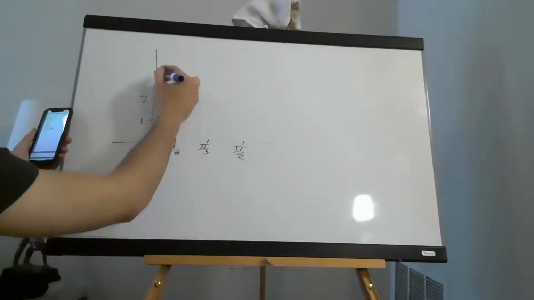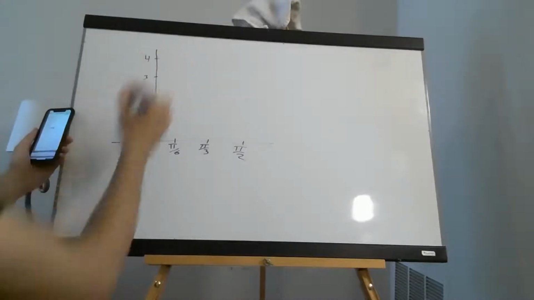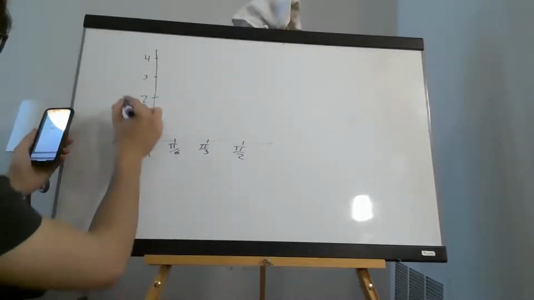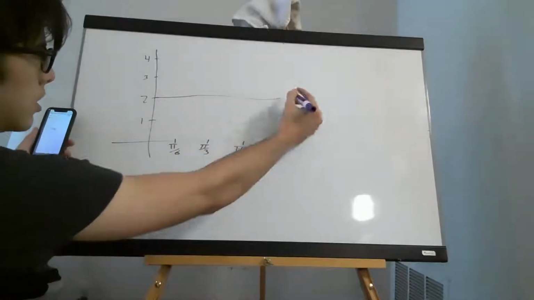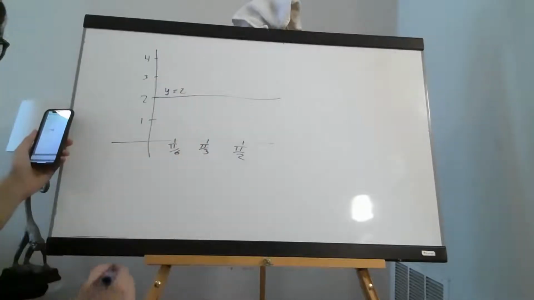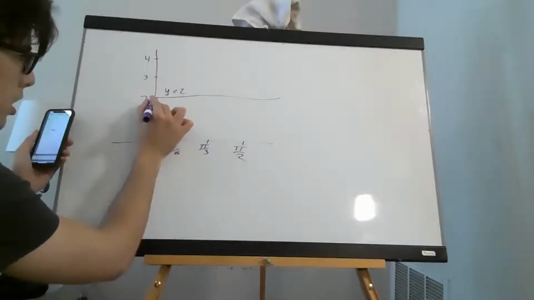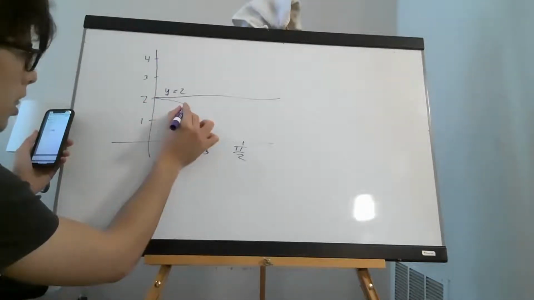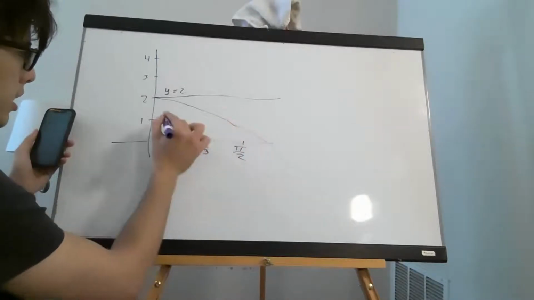2, 3, 4. Why did they make us go that high? How could you go past 2? All right, so we got one thing, y equals 2. And we got another thing, just like something like that.